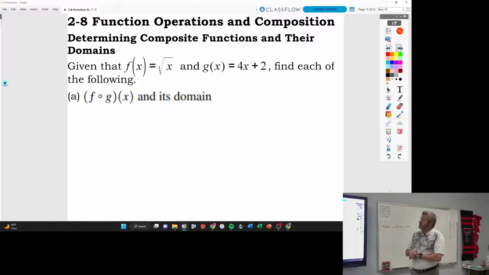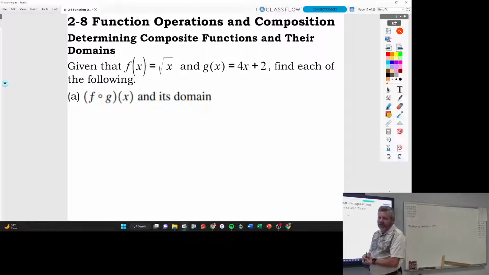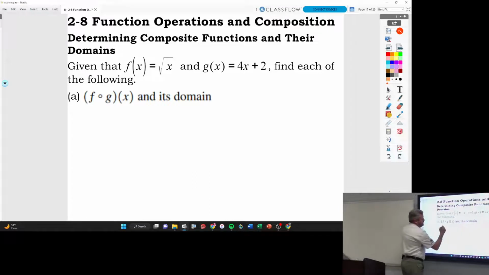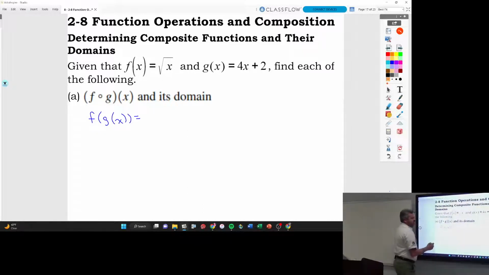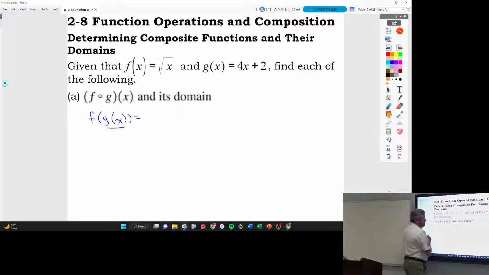Given that f of x is the square root of x and g of x is 4x plus 2, find each of the following. So let's do f of g of x and its domain. Okay, so f of g of x means take the f function and anywhere you see an x, replace x with the g function.